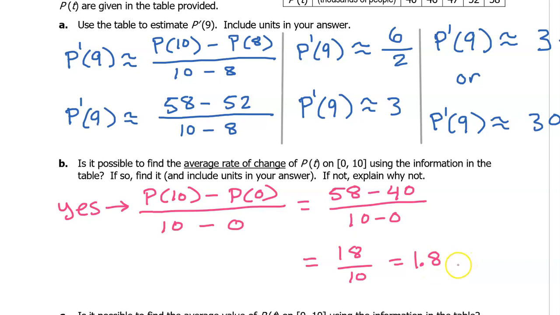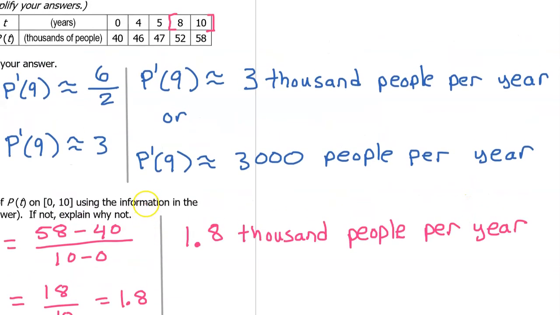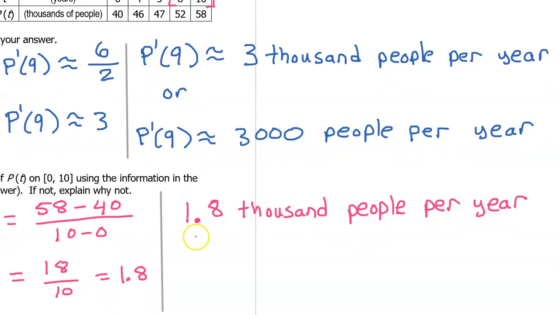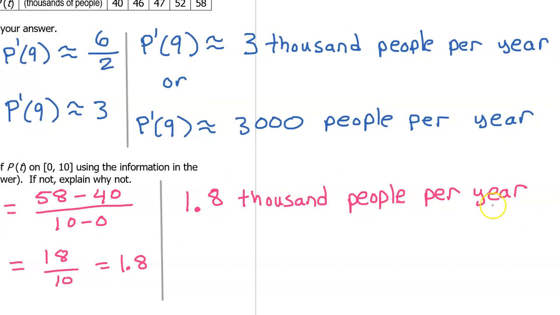Now, how about those units? We are talking about the rate of change of a population. So we're talking about the rate of change of people. So normally we would talk about people per year, but we're not talking about 1.8 people per year. Remember, the numbers on the chart were given in thousands of people. So this is 1.8 thousand people per year.